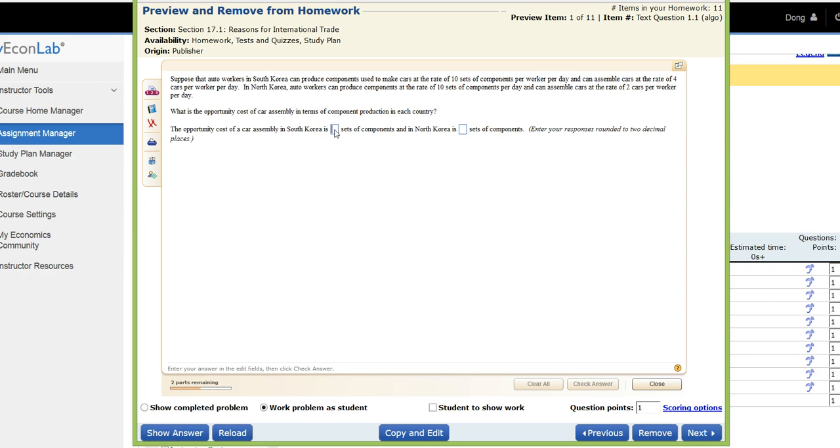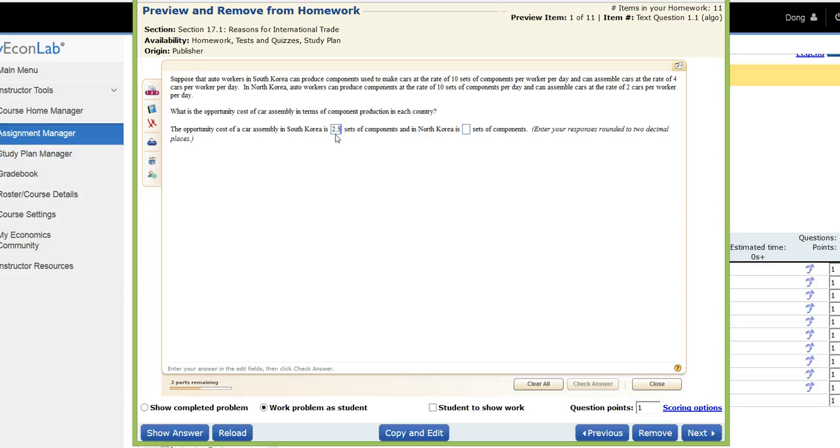So the first is the opportunity cost of a car assembly in South Korea should be 10 over 4 sets of components. So that's 2.5. That's defined to be, if instead of assembling one car, how many components can a worker produce.